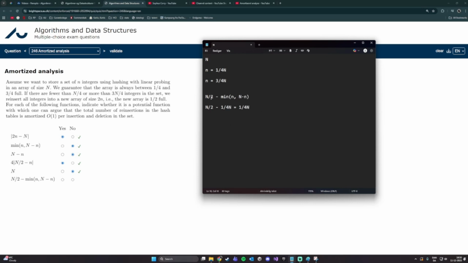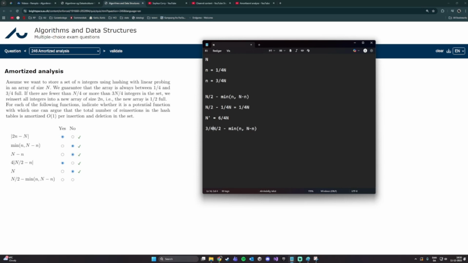And then after the doubling, we have n prime equals 6/4 n. And we can insert that again. So we do 6/4 n divided by 2.